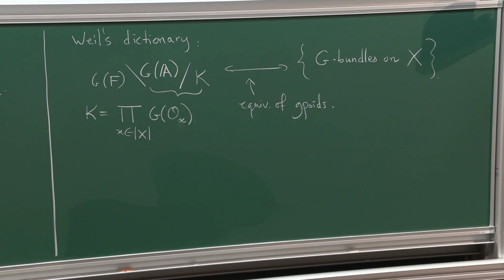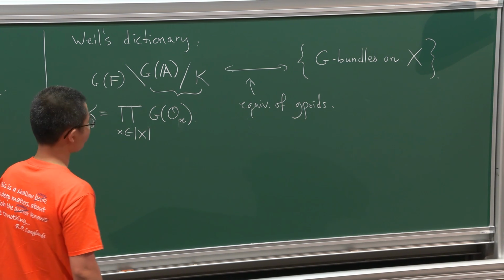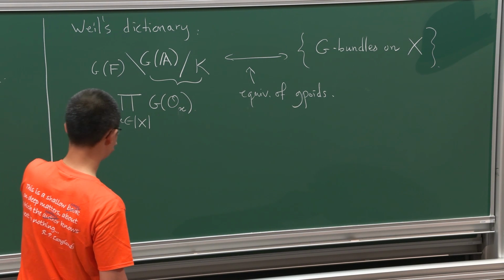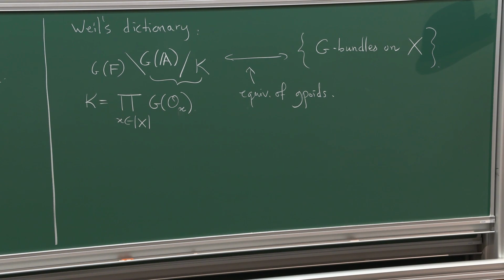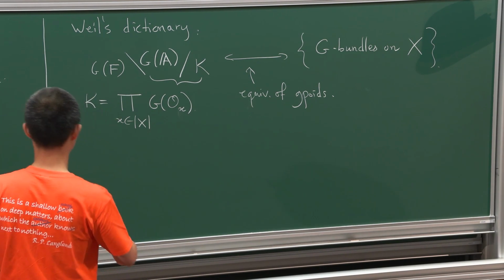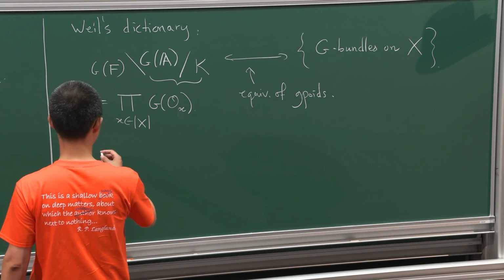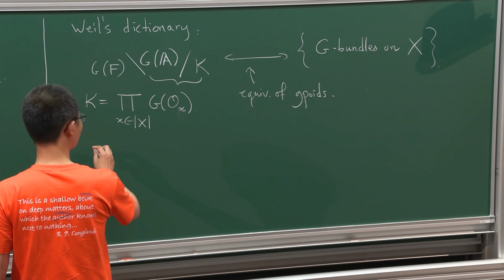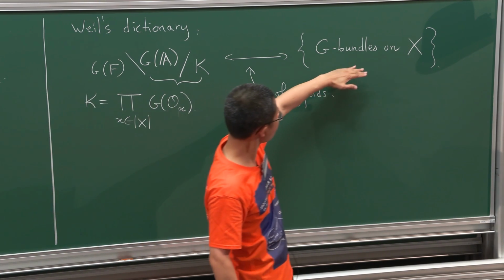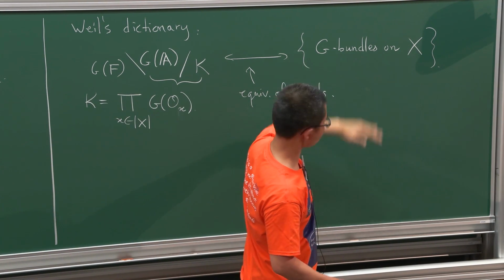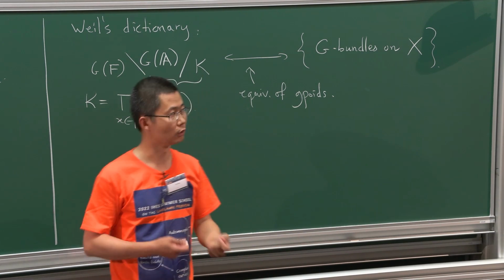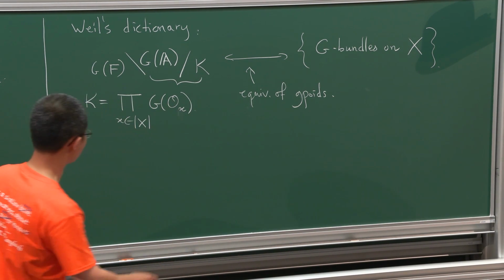For each G-bundle, I give a number. So this is a geometric point of view. But we want to geometrize it a little bit further. We want to consider not just G-bundles as individual objects, but we want them to move in moduli.